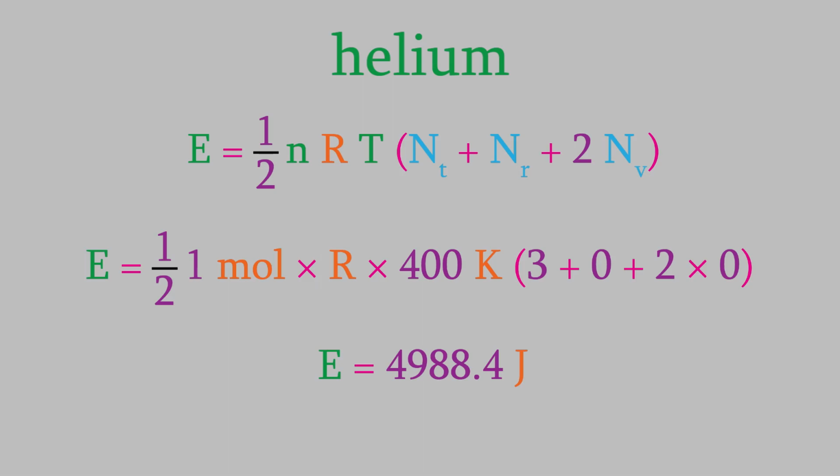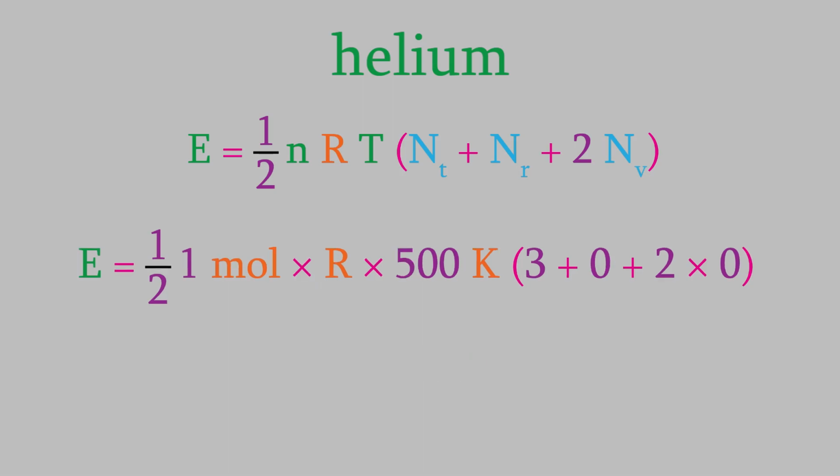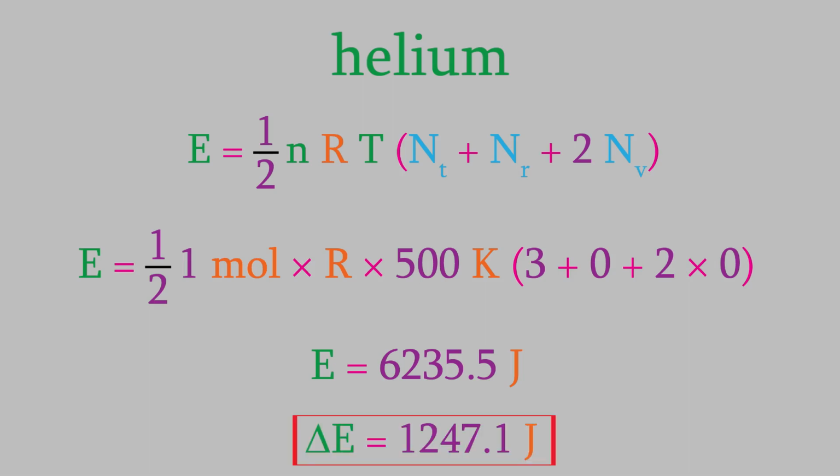When we do this calculation over again using the final temperature of 500 Kelvin, we get 6,235.5 joules. So that's a difference of 1,247.1 joules. So that's the energy that would be needed to heat the mole of helium from 400 to 500 Kelvin.